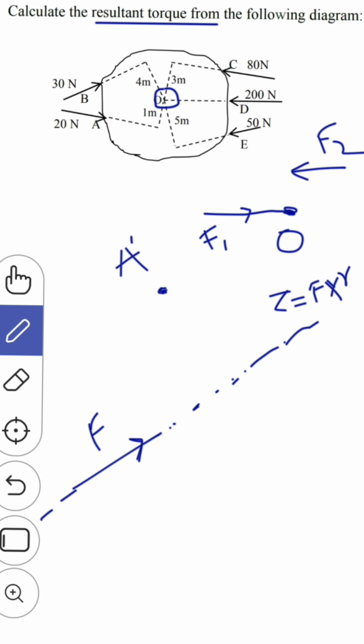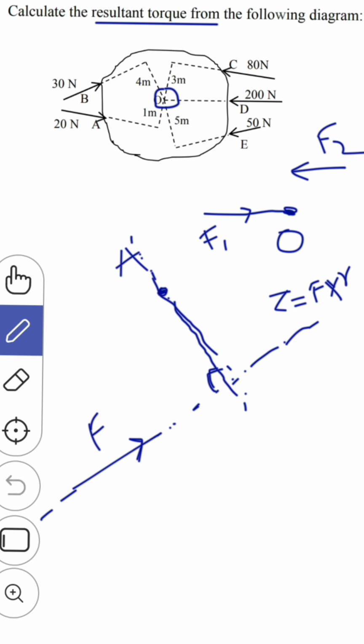First of all I will draw an imaginary perpendicular to the line of action of this force. This perpendicular line will be called the imaginary axis of rotation on which this point A is lying.